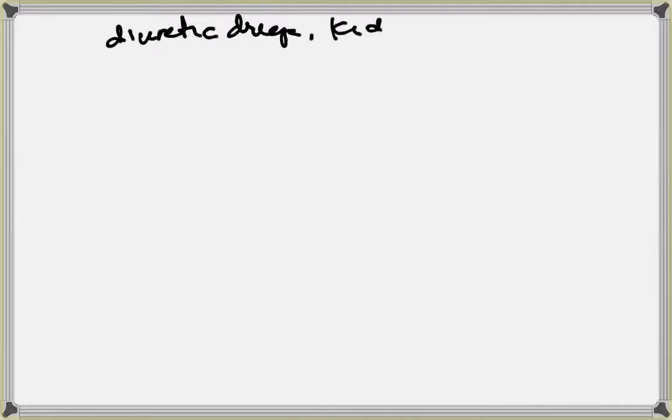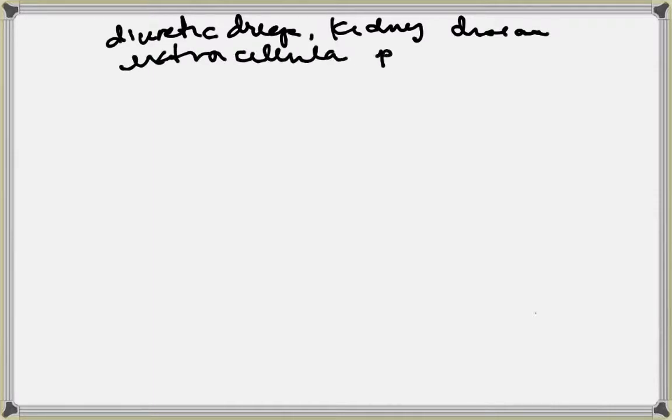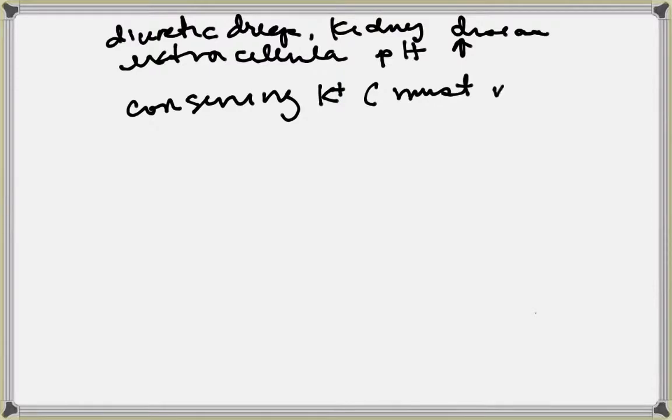It can be caused by kidney disease or extracellular pH increase, right? The thing is that your body has no way of conserving potassium. So you must supply it or resupply it. It's a better way to say it.